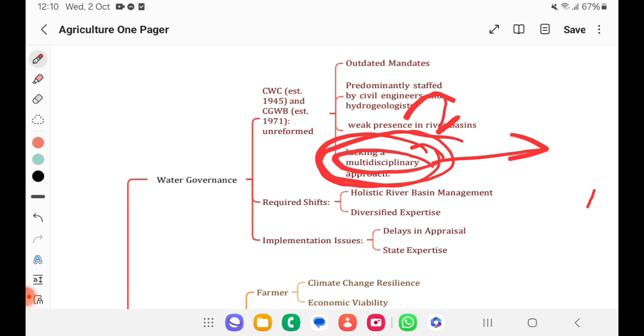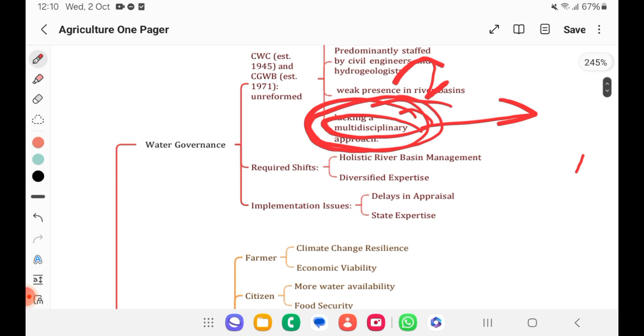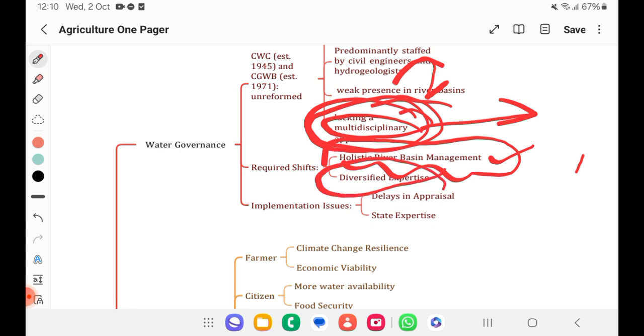Lacking a multidisciplinary approach, the required shift is to holistic river basin management. Such a key term it is. Why do we want a multidisciplinary approach? The expertise we see is civil engineers and hydrogeologists.